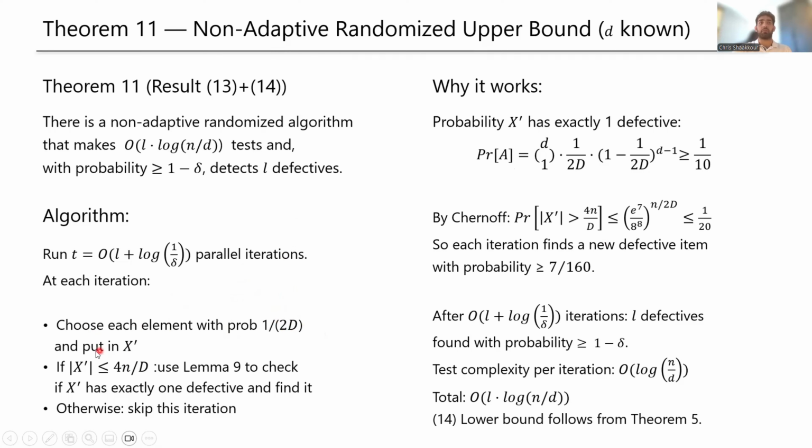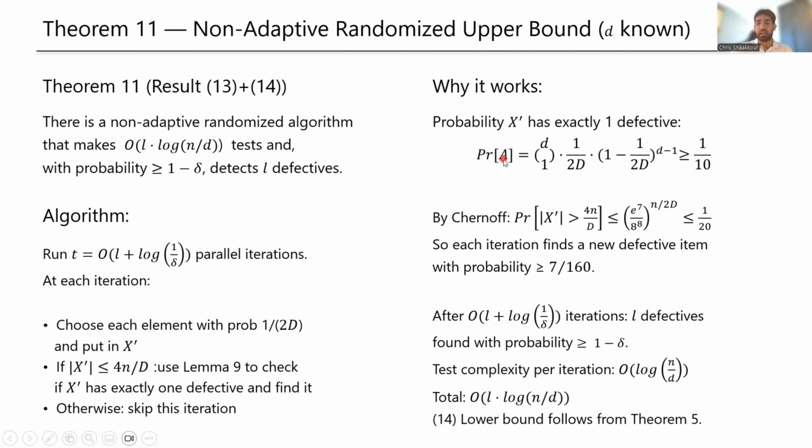And for this X prime, if it's smaller than 4n divided by D, we use lemma 9 to check if it has exactly one defective item. If so, we find it. So why does it work? The probability that X prime has exactly one defective is this probability if we calculate it by regular math.